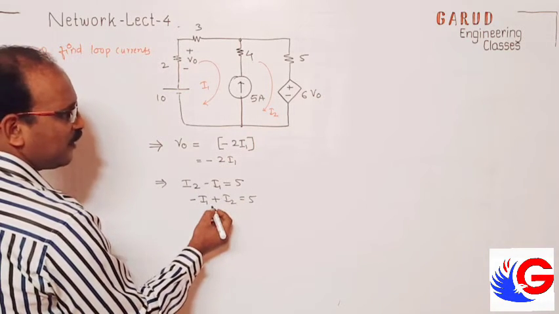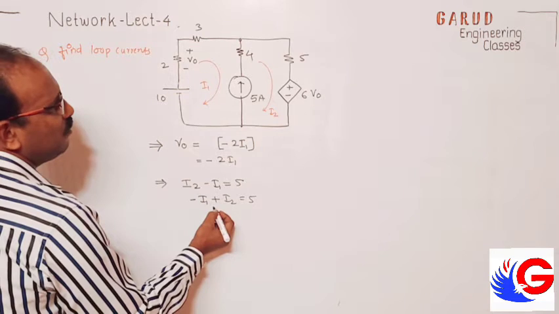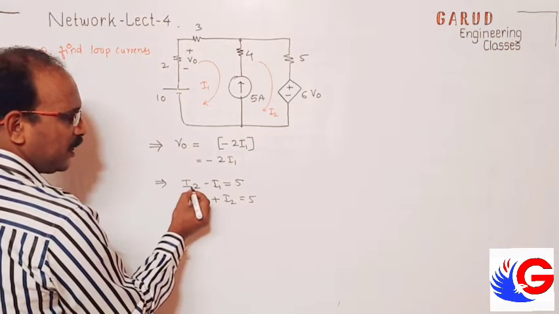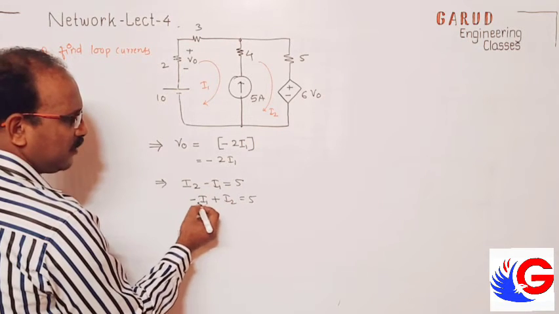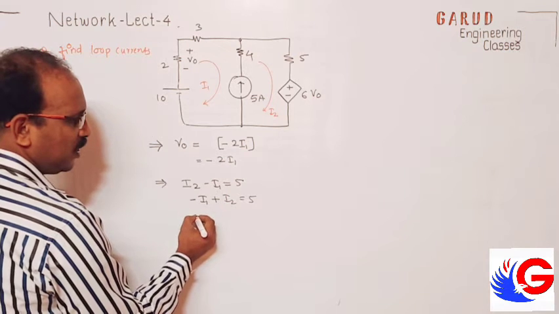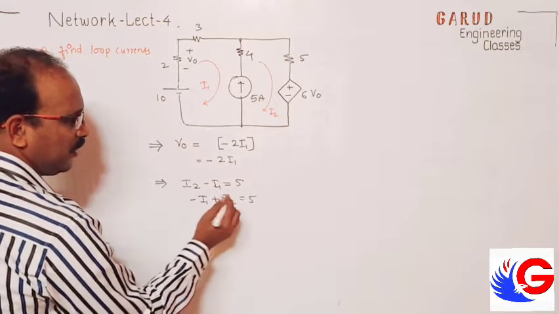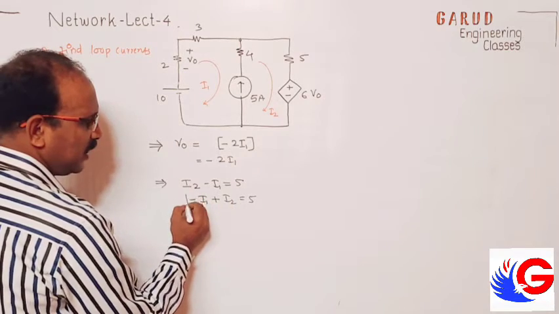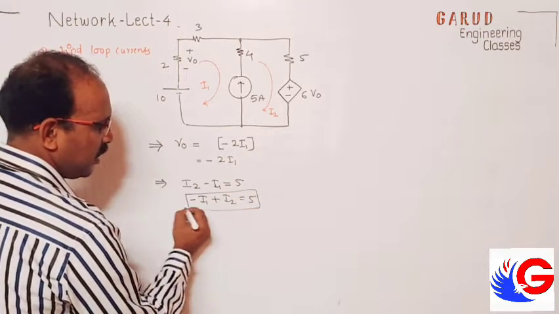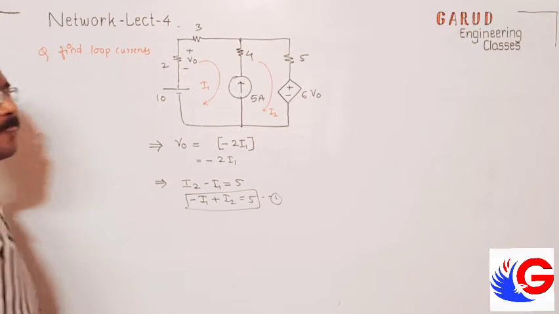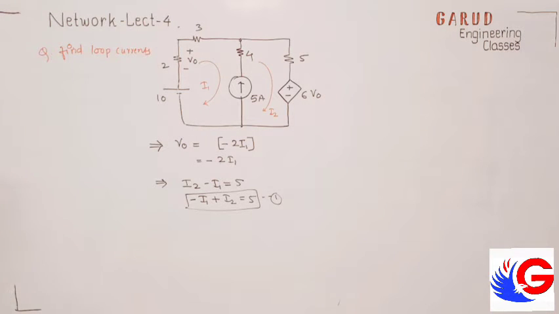Here we can also substitute the value of I1, so we get the values of I1 and I2. It's a very easy problem. We treat this as equation 1. Okay, now what is equation 2?